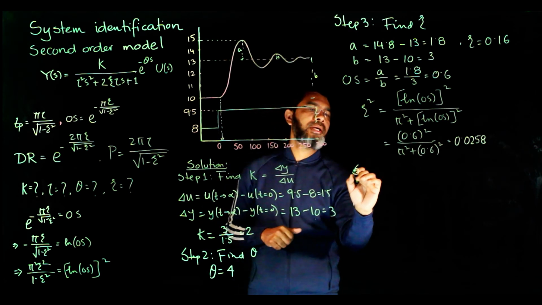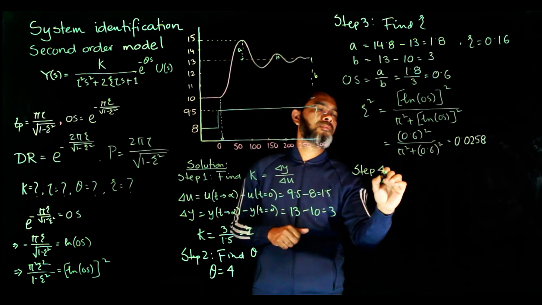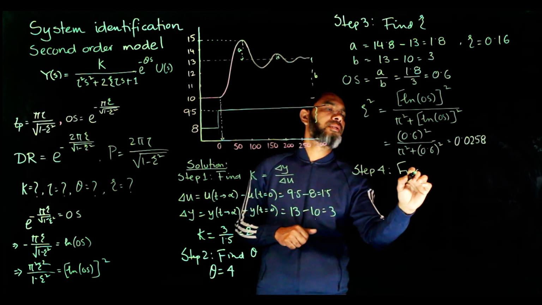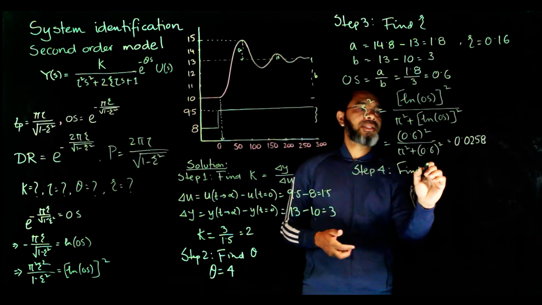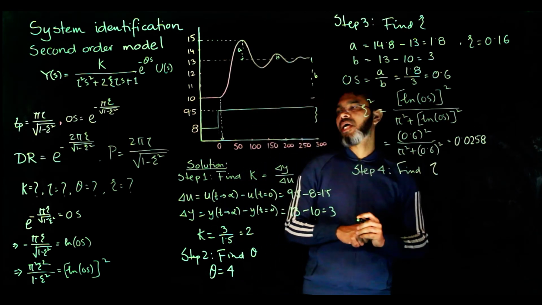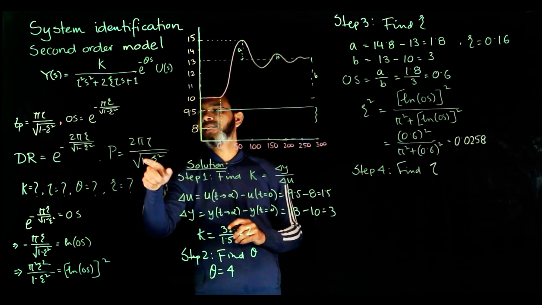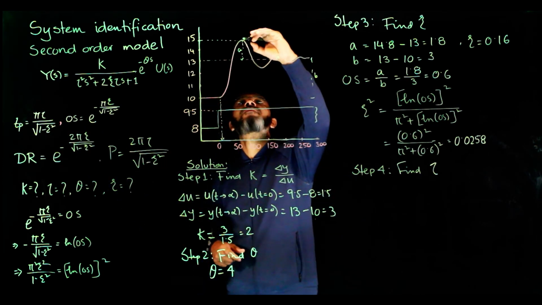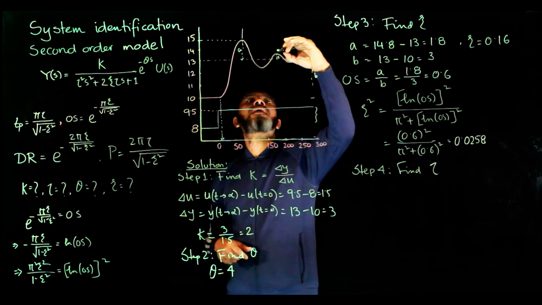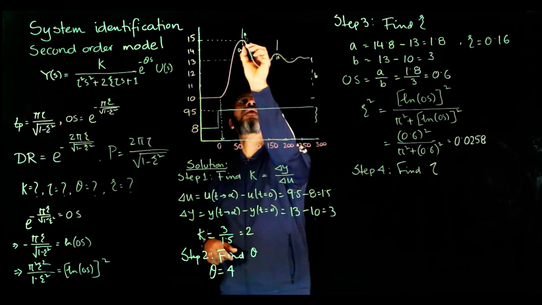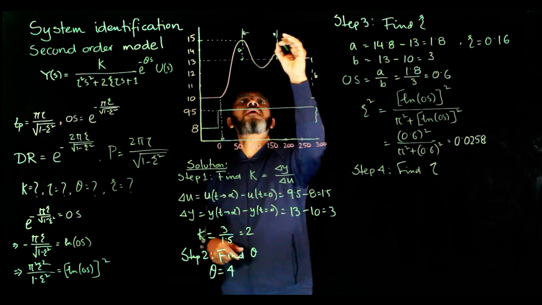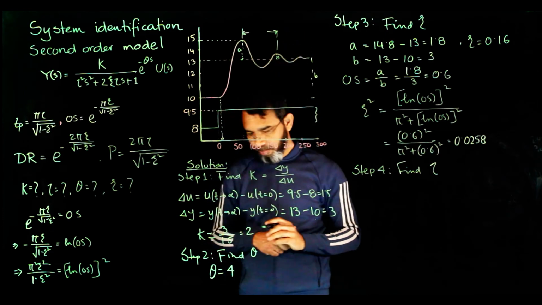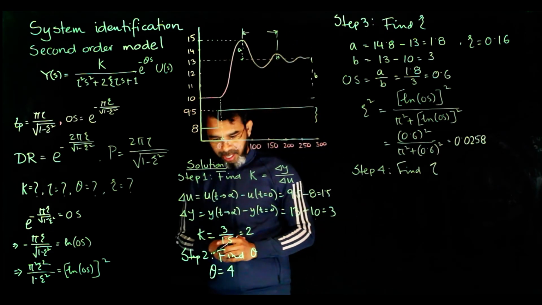The step 4 will be to find, the last step is to find tau. So tau is related to two equations, Tp and the P. And from this equation, we can find out the value of the period of oscillation here.